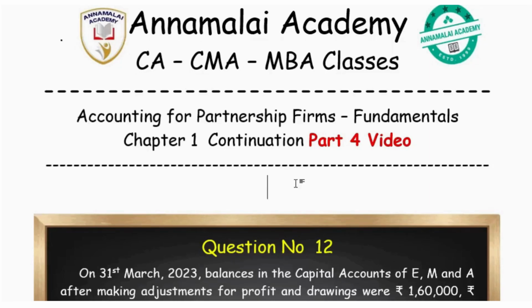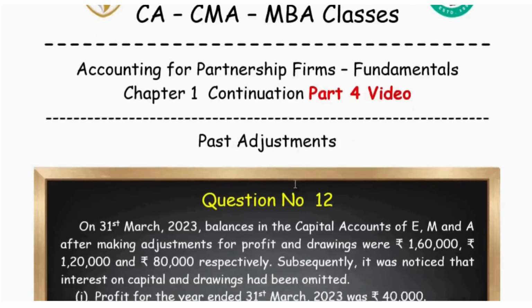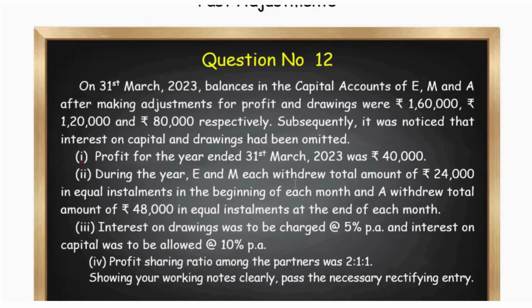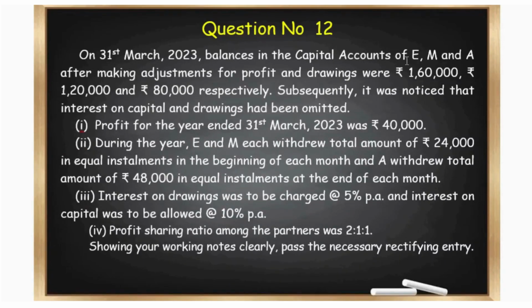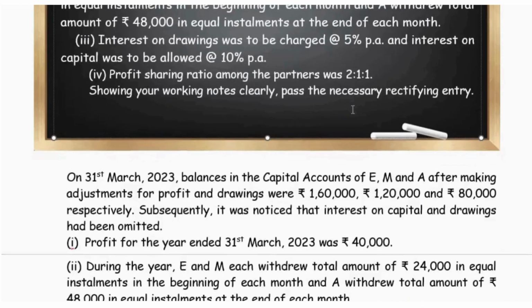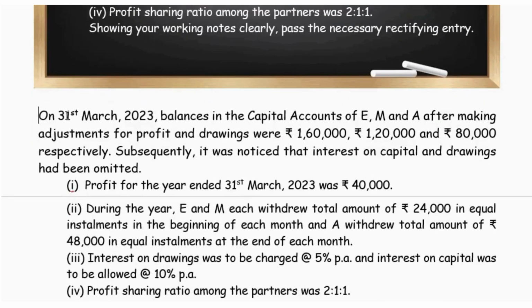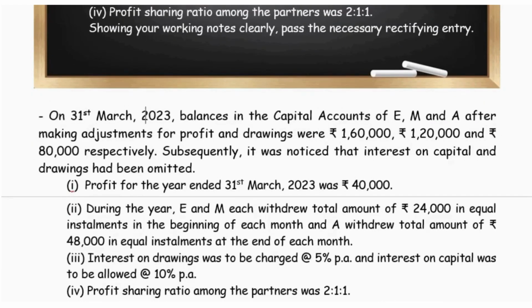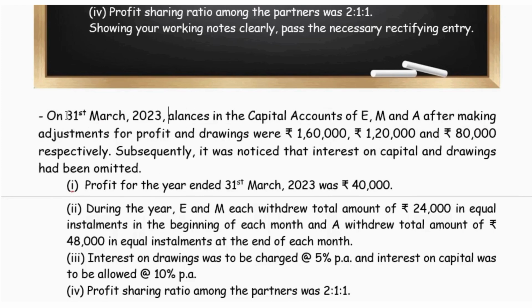Next question. We will discuss one more question related to past adjustments. That is, the profit has been distributed without considering the interest on capital and interest on drawings. We are given a question about three partners E, M and A, and we are given certain details. To start working on the question, as usual, we will divide the question details into small hints.